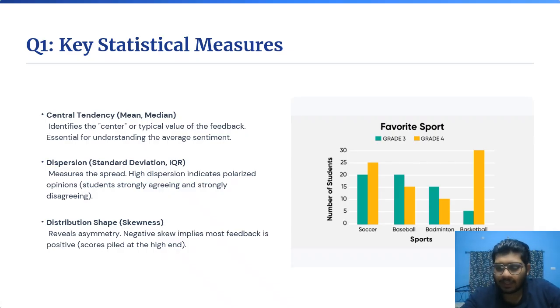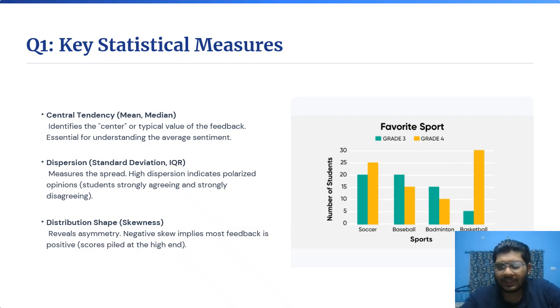So there are two measures, standard deviation and IQR. It measures the spread. High dispersion indicates polarized opinions, students strongly agreeing and strongly disagreeing. The standard deviation tells us if the students strongly agree or disagree. If the deviation is high, then students highly agree or not.